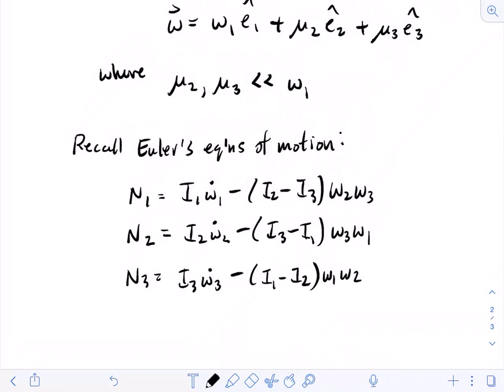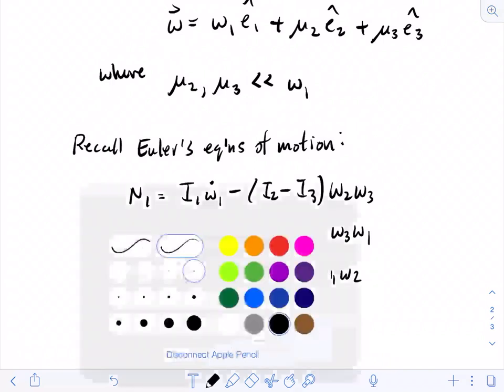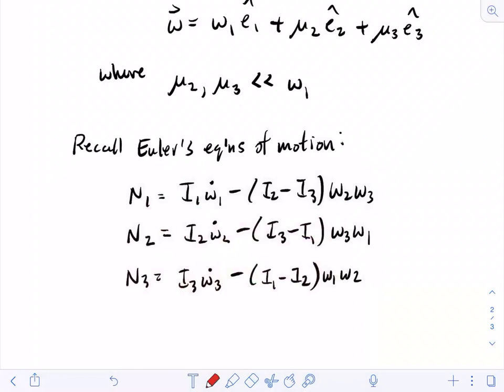so I want to point out one thing while we're here. In the first equation we have this term I2 minus I3, and in the third equation we have an I1 minus I2.